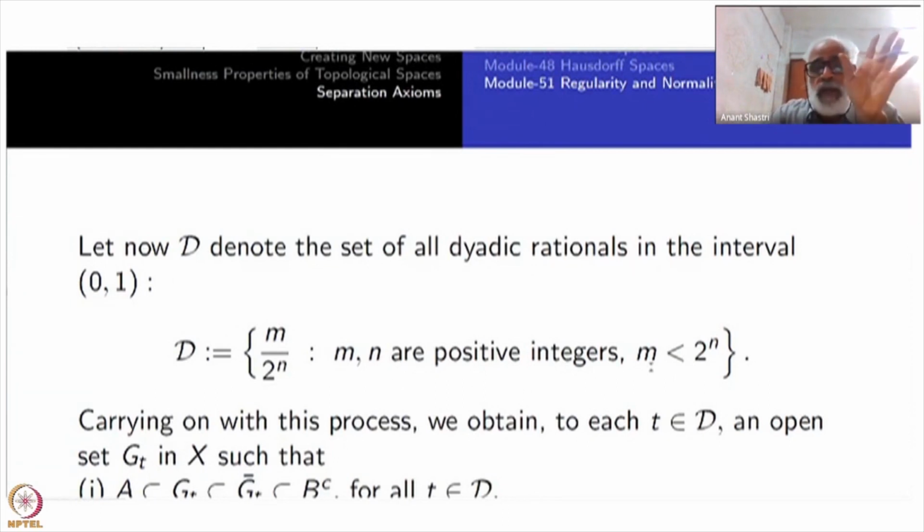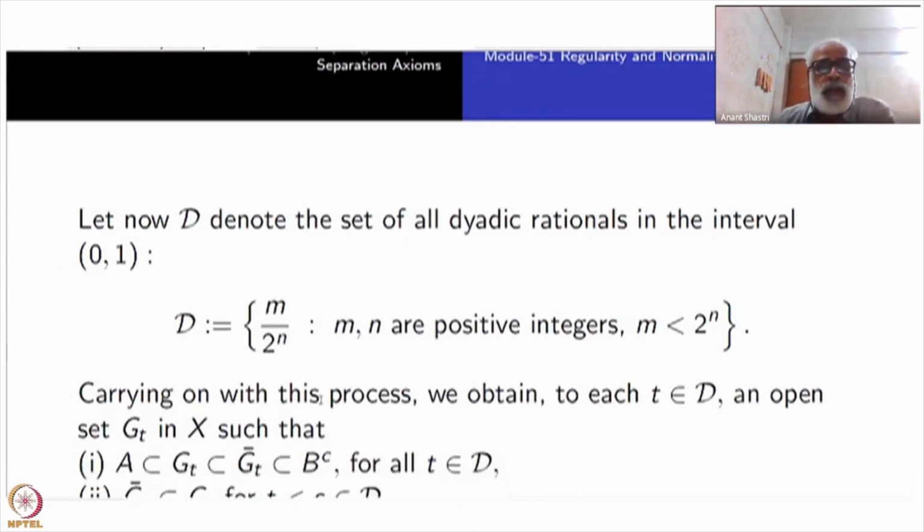But I want m to be less than 2 power n already. Carrying on with this process, we obtain to each number t here an open subset G_t. So all these new open subsets of X are indexed by this set.